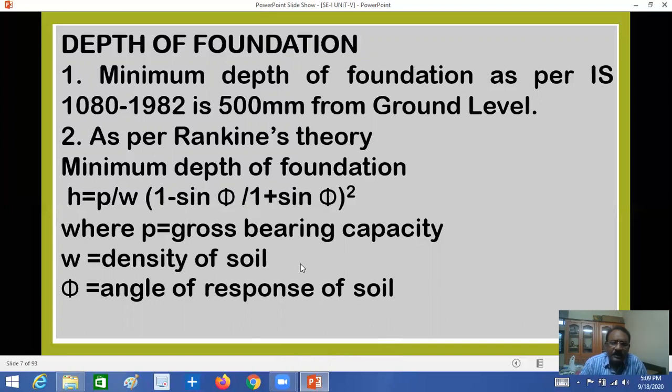From this equation we get the minimum depth. This is also a very important question frequently asked in competitive examinations and also the JNTU end examination.